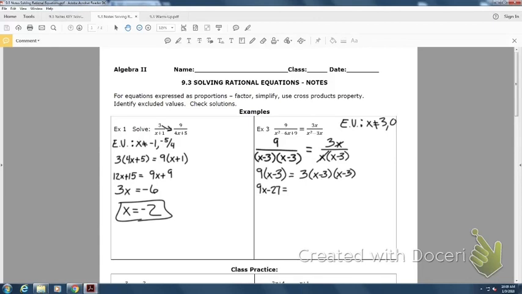If I'm doing multiplication, the order doesn't really matter. For me, the easiest way is probably to multiply the two binomials, and then I'm going to distribute that 3 into that.